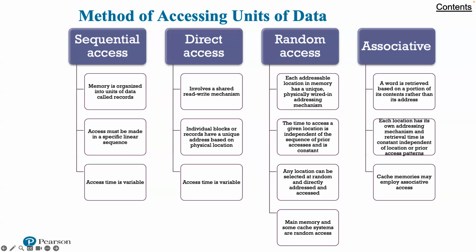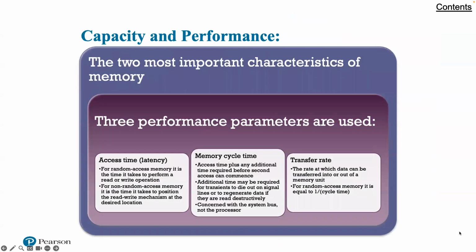As with ordinary random access memory, each location has its own addressing mechanism, and retrieval time is constant, independent of location or prior access patterns. Cache memory may employ associative access. So that's a summary of those different types.